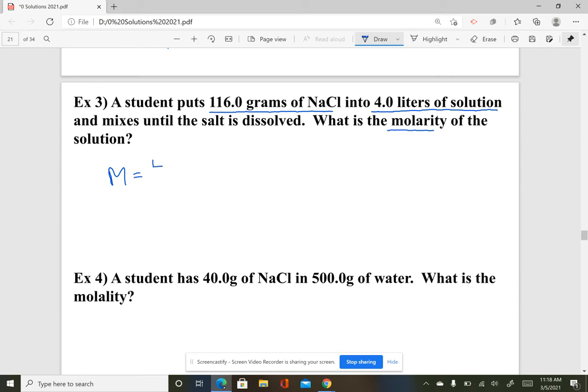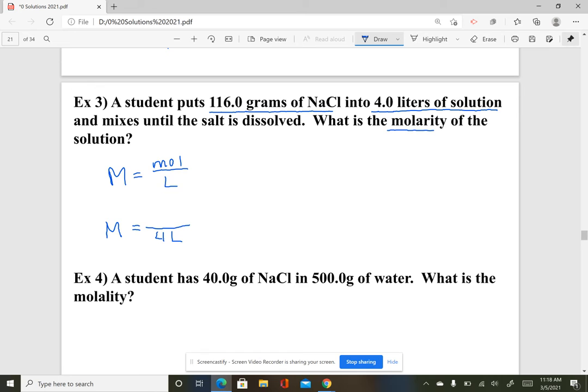I know there's a lot of formulas, but it's really not so bad as far as deciding what you're going to pick. So moles over liters. If I'm finding molarity, then molarity is my unknown.